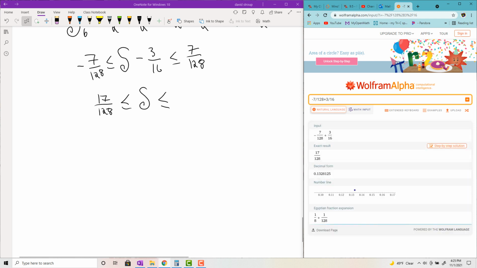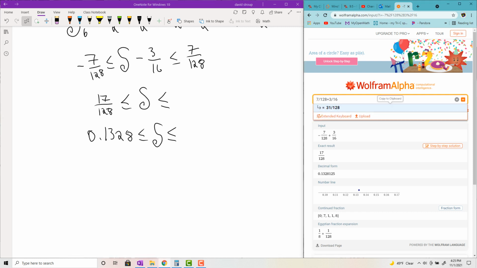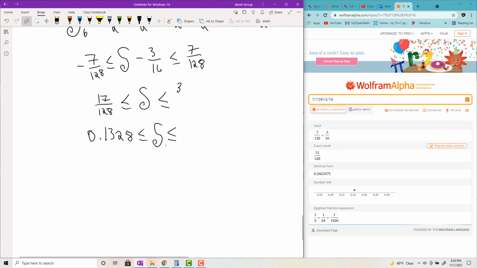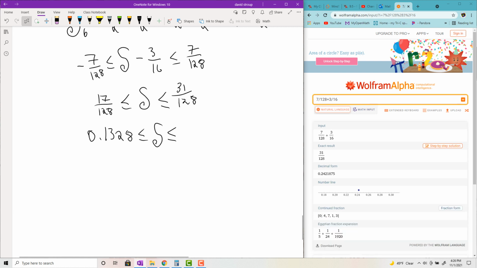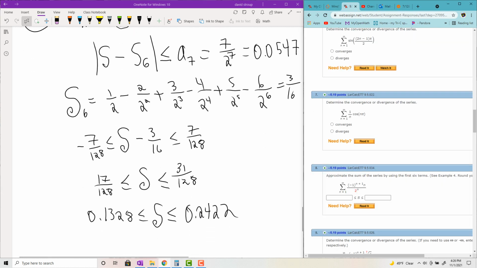Of course, it won't give me 4 decimals, but yeah, it did. 0.1328 less than or equal to s less than or equal to positive 7 over 128 plus 3/16, which will be 31 over 128. In other words, 0.2422. Okay. So we know our answer is in between those two numbers.